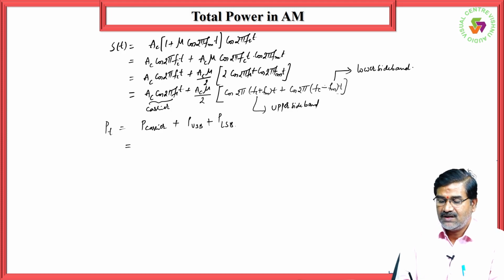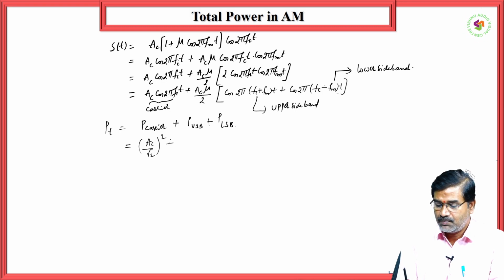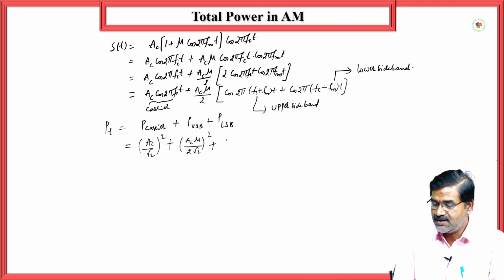Now the power in the carrier can be written as, this is the cosine signal, since the power will be the root mean square value, that is (Ac by root 2) whole square, plus upper sideband (Ac mu by 2 root 2) whole square, plus another component (Ac mu by 2 root 2) whole square.